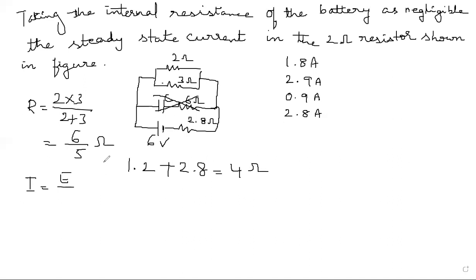Now this will be the total resistance, so I'll take this as R dash. E divided by R dash, E is 6 divided by 4, so it is 1.5 ampere, the total current. Okay, now I have to find the potential difference across that.